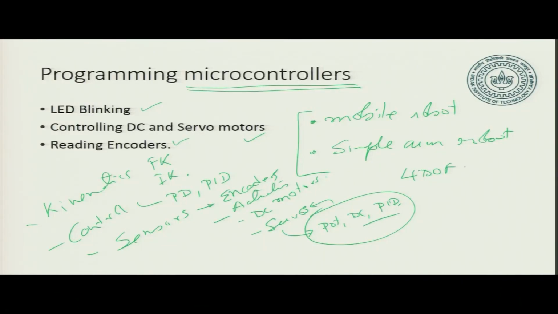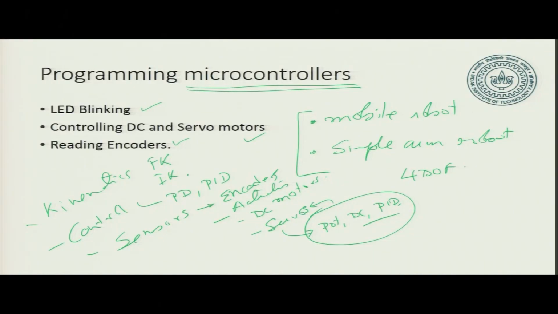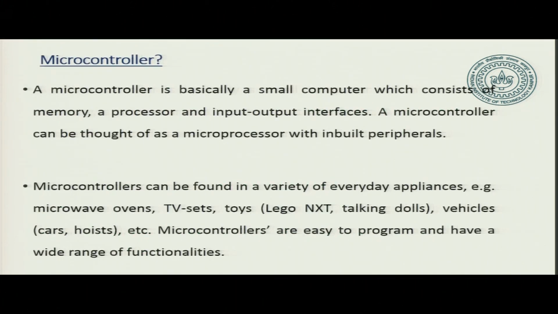So, this we will be seeing in this part on programming microcontrollers. Now, this is essentially done with a focus that you can do hands on experiments. So, the next part will be hands on experiments for us. So, you should be able to actually program and make this by yourself. That is the objective of this part of it. The theory part we have already covered, kinematics, control, sensors.